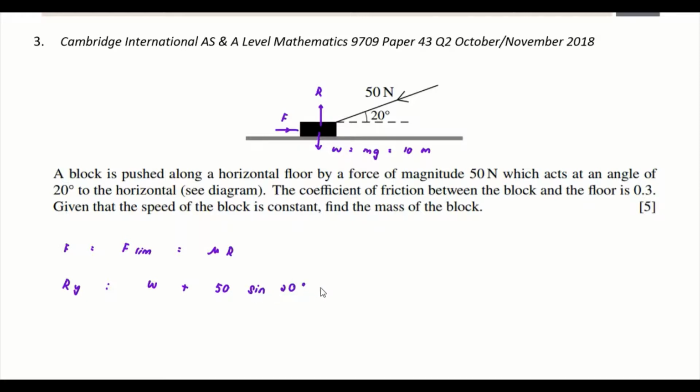In this question, you must be very careful. In the resolving questions that we have had before, sometimes they draw the force in a certain way so it's easy to understand that when you resolve it, it's going down. You must remember that what we are looking at is the arrow, instead of the direction that they are drawing. Although they are drawing in this direction, it doesn't mean that when you resolve it, it becomes going up.